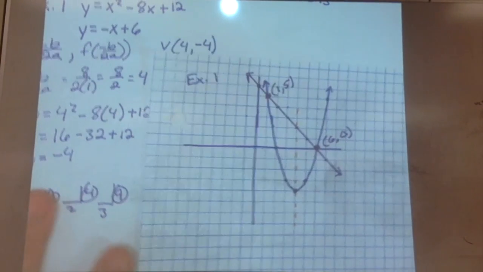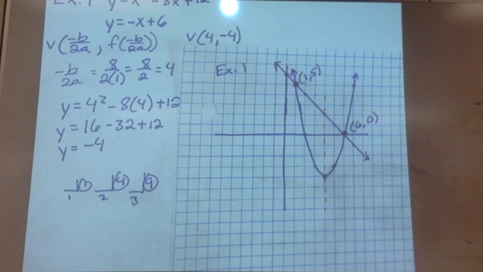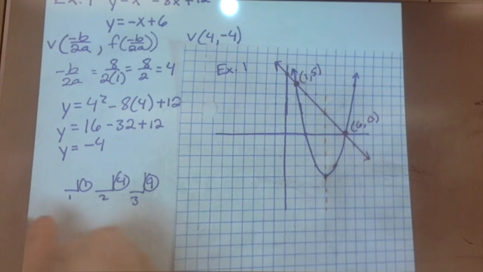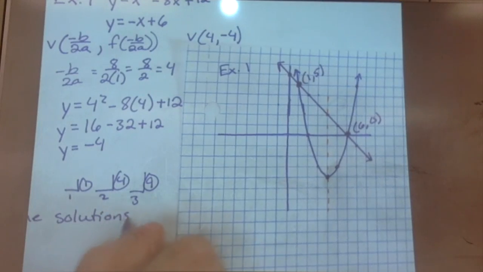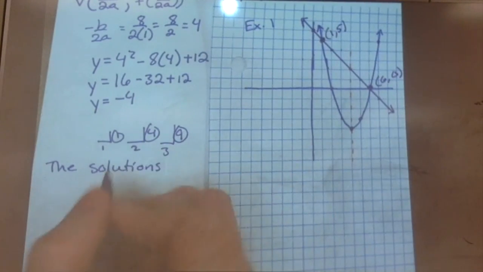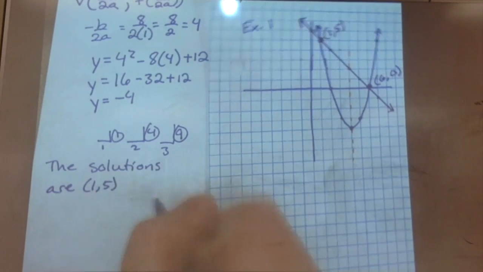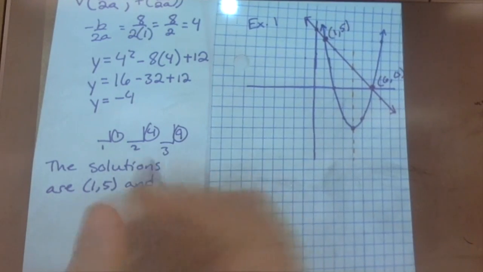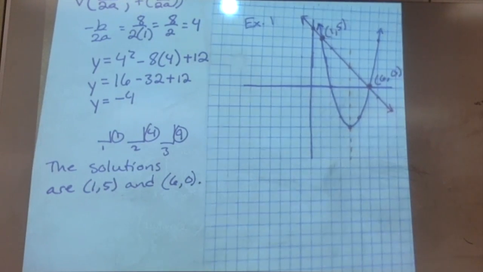So using my graph, the solutions to this example are (1, 5) and (6, 0). So those are the solutions.